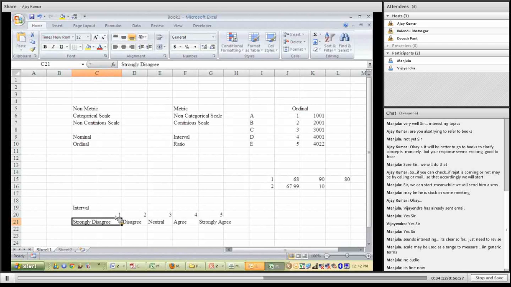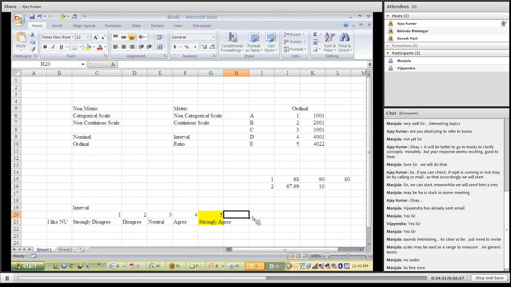Now suppose this is an example of interval scale. The question is, I like NIT University. So you as a respondent would click on 1 or 2 or 3 or 4 or 5. Suppose you say you strongly agree, which is 5 for you.